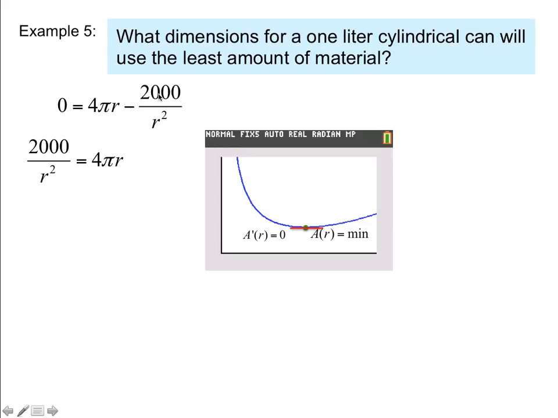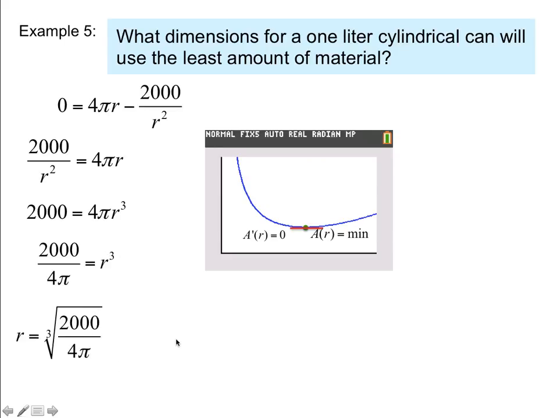So to solve that, I'm going to bring the 2,000 over r squared over to the left, make it positive, and then I'm going to clear fractions by multiplying through by r squared. So I've got 2,000 equals 4 pi r cubed, excuse me. Then I can divide by 4 pi, and then I can cube root it, right? Cube rooting means taking it to the 1/3 power.